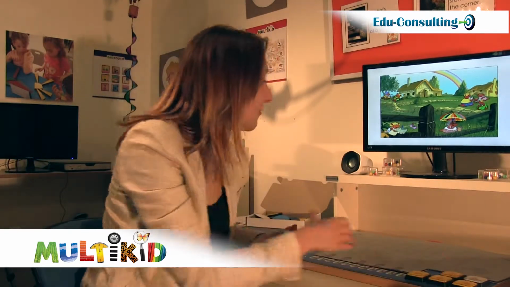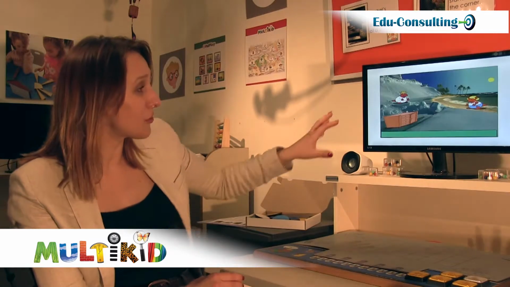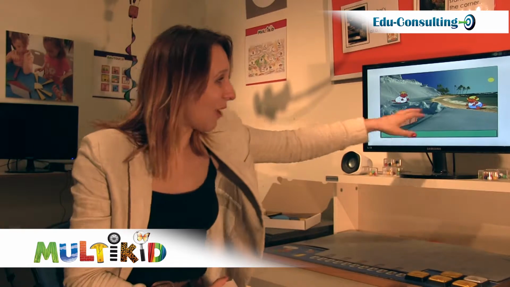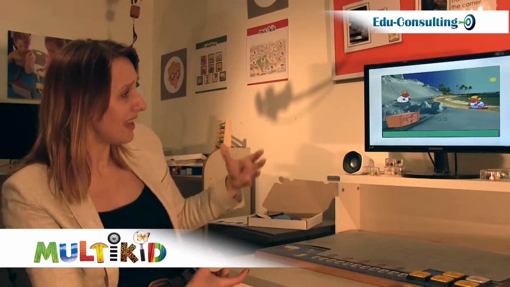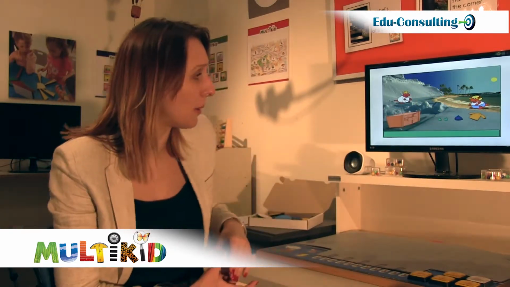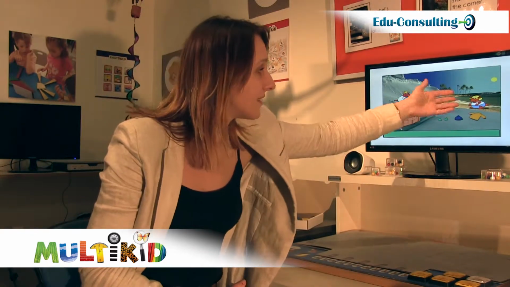And one of the activities, for example, for the preschoolers or even for young kids, is to sort the clothes according to the season. We see our funny characters, which the children will see in different activities, that is Pudding and Cream Puff, and we see different clothes which they need to sort according to the season.